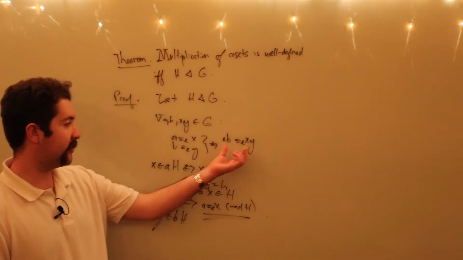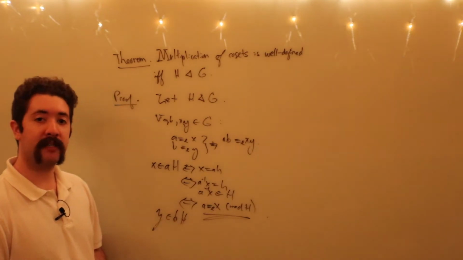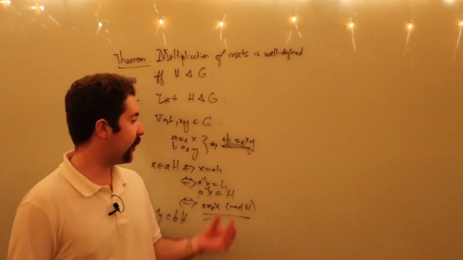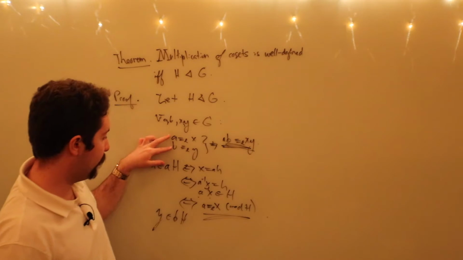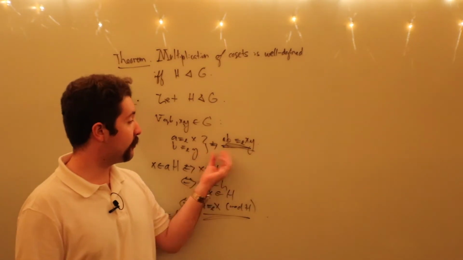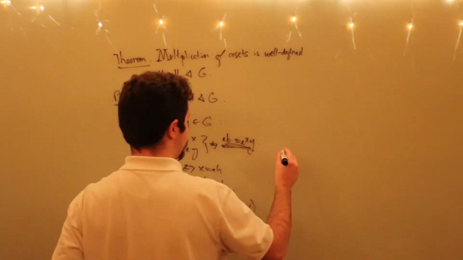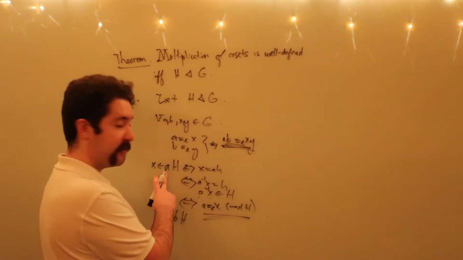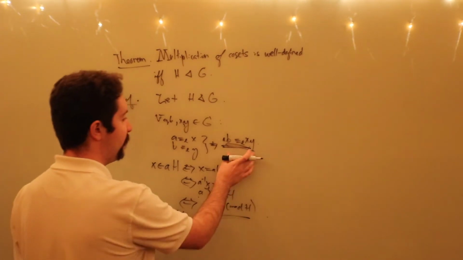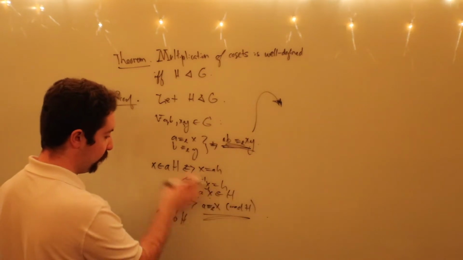Now, what we want to show is that this implies that XY is in the product ABH. All right, again, since we have these two statements, which are equivalent to these two statements, they imply in a normal subgroup that this is true, right? Mod H. So what we have is the following: if X is in the left coset AH and Y is in the left coset BH, we're going to have this statement, which we can translate in the same way we translated this to this, only backwards.